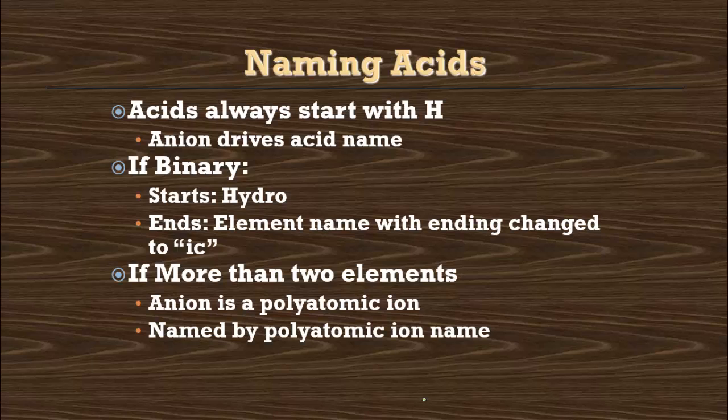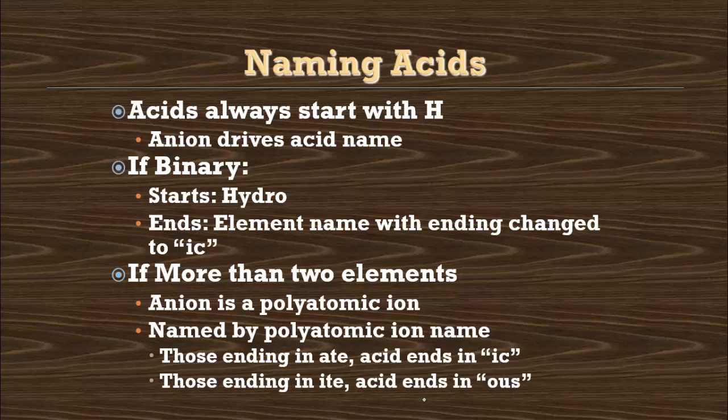So it is going to be named based on the polyatomic ion name. Now, if you flip your pink sheet over, you have a list of several polyatomic ions on the back. And you're going to know that they mostly end in ate or ite. If they end in ate, we're going to change the ending to ic, and if they end in ite, we change the ending to ous.